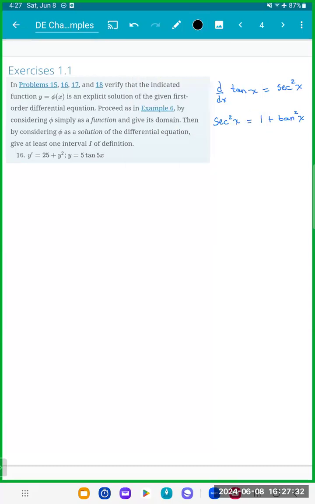The tangent of x is not defined for x equals pi over 2 or any odd multiple of pi over 2. So we're given the domain, and we're going to look at the domain of 5 tangent 5x. We have to look at that. The domain is going to be: 5x can be anything, but it cannot be pi over 2 plus n pi.